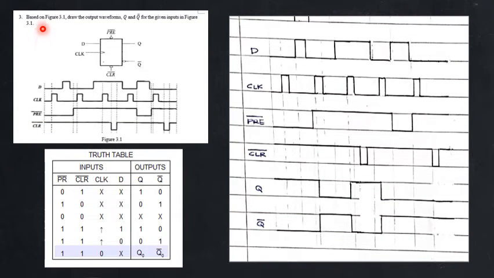Question 3. Based on figure 3.1, draw the output waveform Q and Q bar for the given input in figure 3.1. In this figure, they give the block diagram of the D flip-flop and also the waveform. To draw the output waveform of Q and Q bar, you can refer to the table.